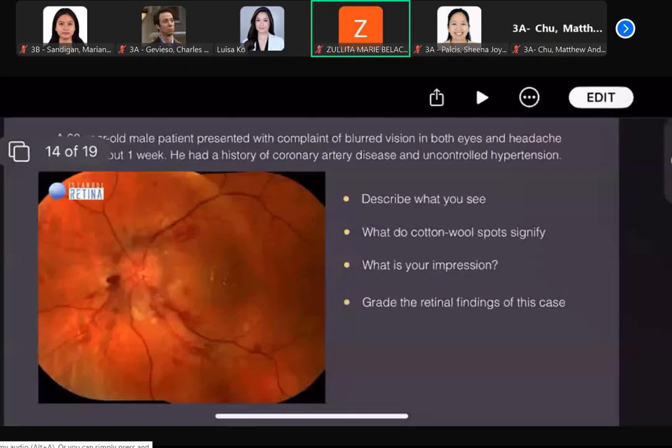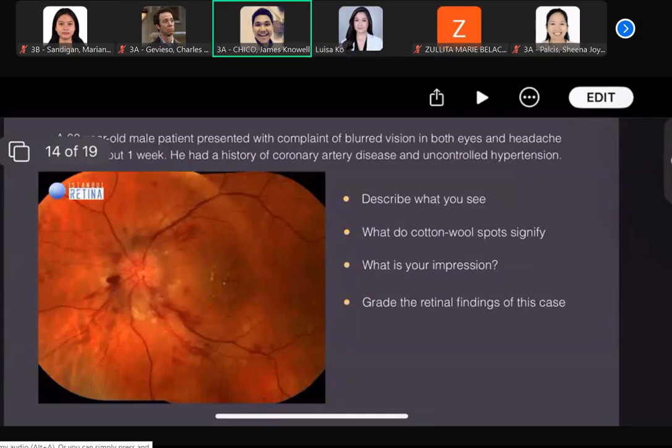Hypertensive retinopathy, Doc. In this case, it's very easy to grade hypertensive retinopathy. So when we get to this stage, it is already grade 3, Doc, or 4? Grade 3, Doc. Do we agree, everybody? Yes, Doc. Grade 3. Defend why you said grade 3, not grade 4.